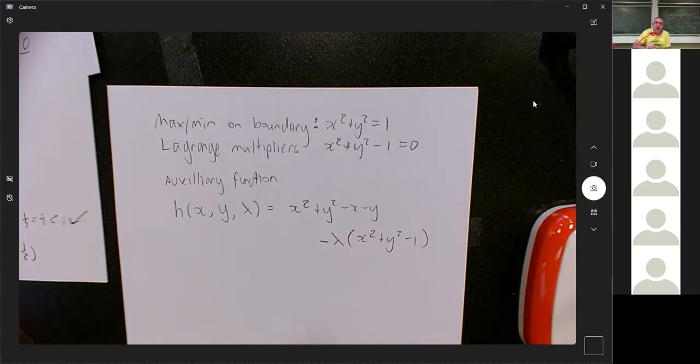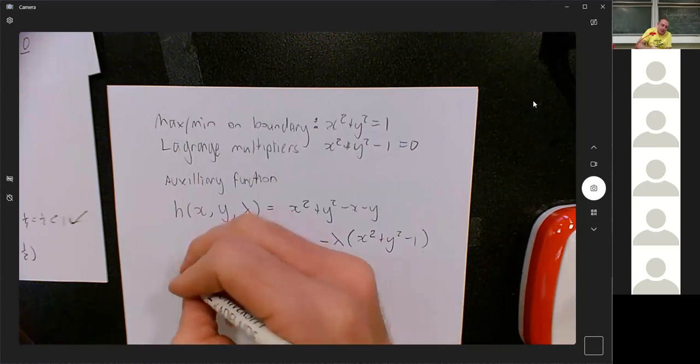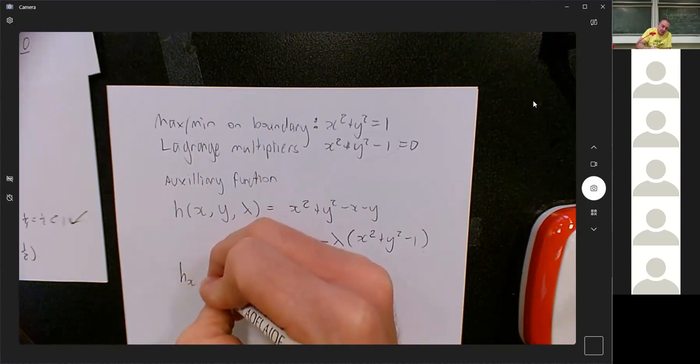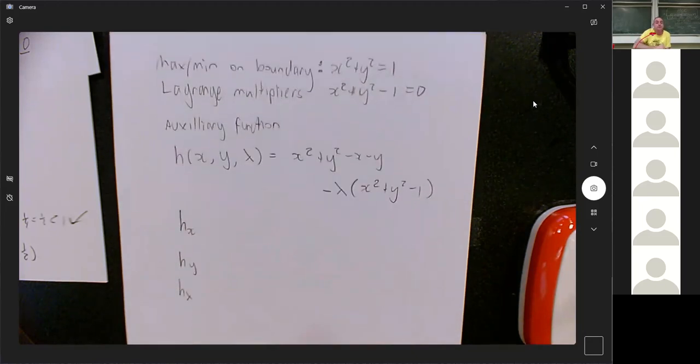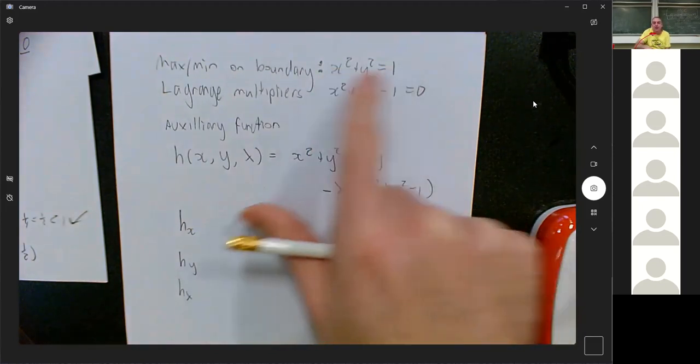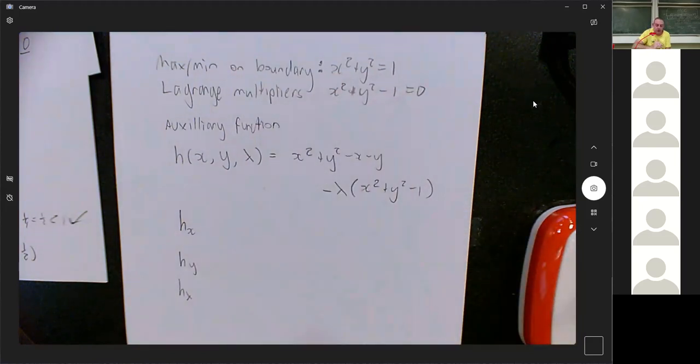And so I have to make the gradient of this function equal to 0. So I'm going to need to do h sub x and h sub y, and officially h sub lambda as well. But this bit will automatically be my constraint, so it'll be okay. That'll be the equation for the edge of the circle.